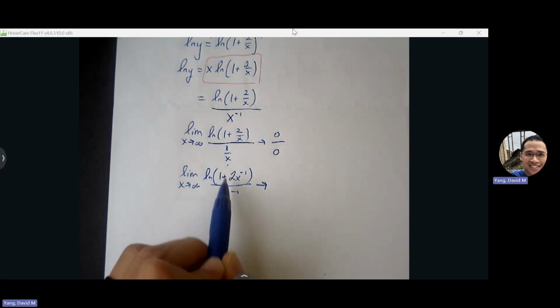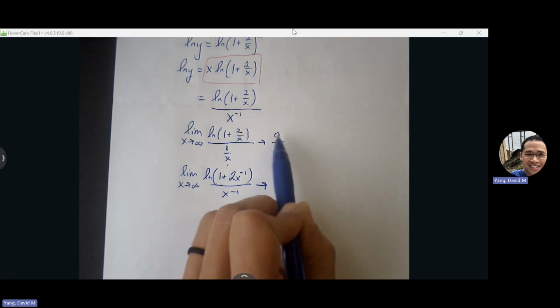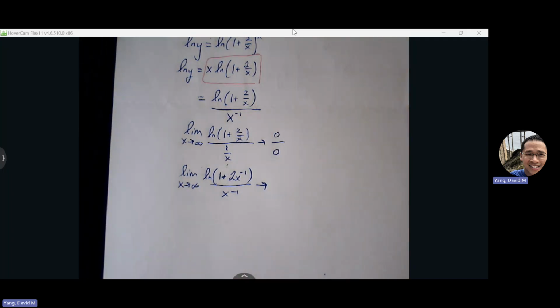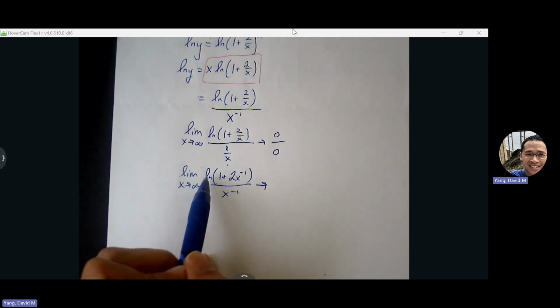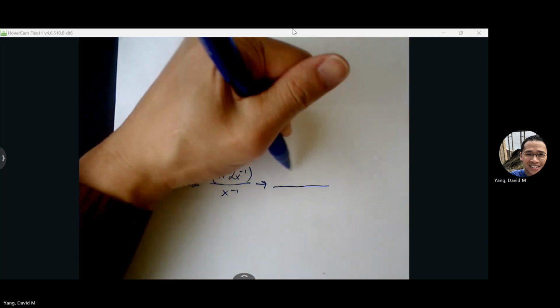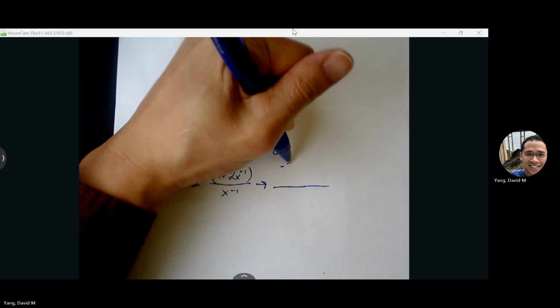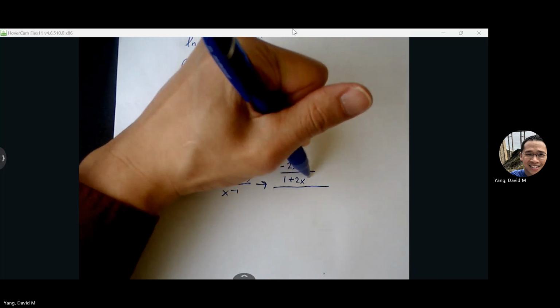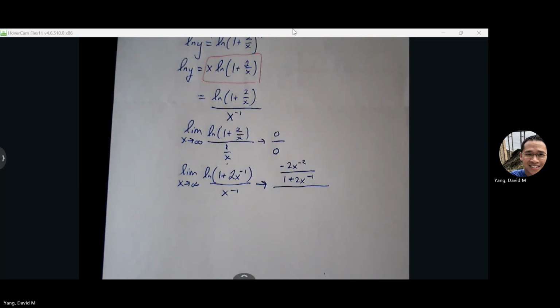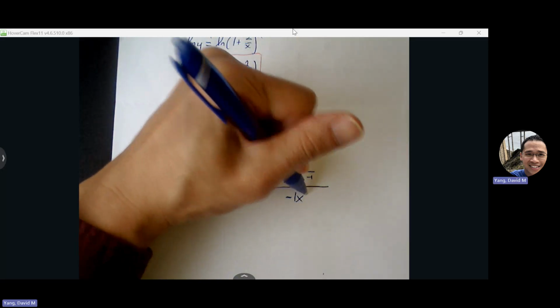So both terms are now ready for me to jump into the derivative, because once we have 0 over 0, we're free to do L'Hopital's rule. So the derivative of natural log of u is u prime over u. And then the derivative of x to the -1 is -1x to the -2.